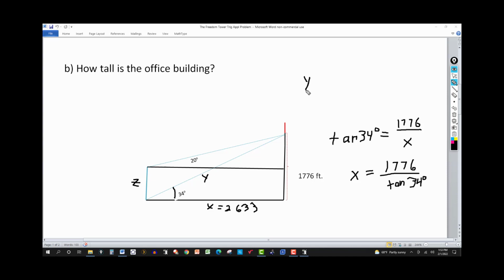I know then that y squared, using the Pythagorean theorem, should equal the sum of the squares of the other two sides. So that should be 2633 squared plus 1776 squared, and then we want to find y.